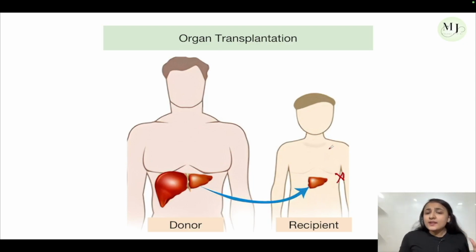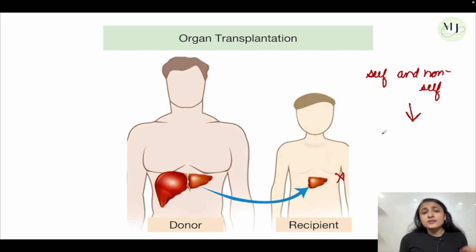Why will the recipient's body reject the transplant? Because our body can differentiate between the self and the non-self. This differentiation takes place because of an immune system which we just studied, which is known as the cell-mediated immunity.